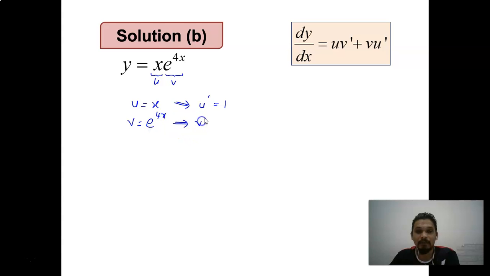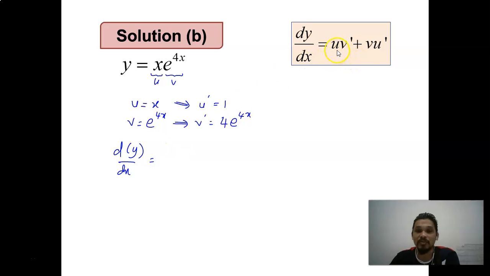So then v prime equal to, differentiate this, differentiate 4x, come up with 4e to the power of 4x. So now differentiate y with respect to x equal to, okay.